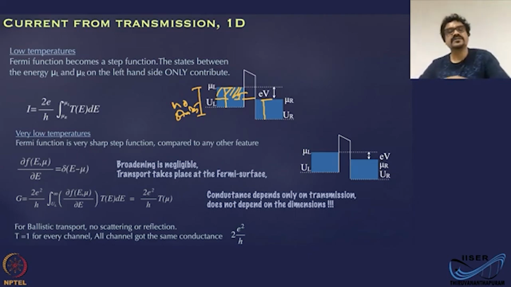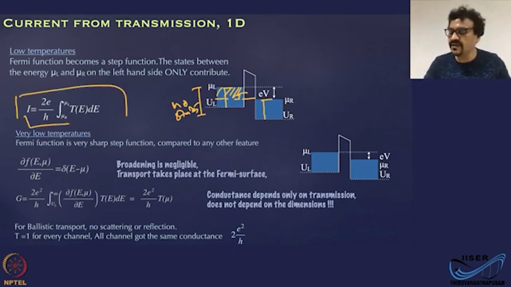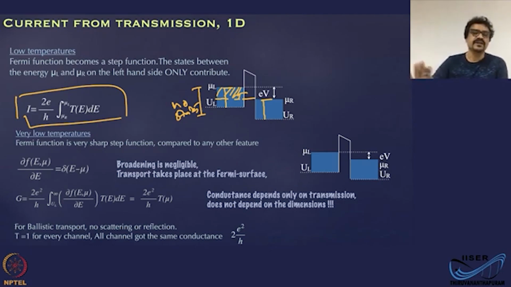Because the Fermi function is 1 in that region because it's full, or 0 for the other side, or other direction. So you need to consider only the transmission probability or transmission coefficient for those states through the channel or through the system. So the current is simply given by the transmission coefficient of the states in the system between mu R and mu L.